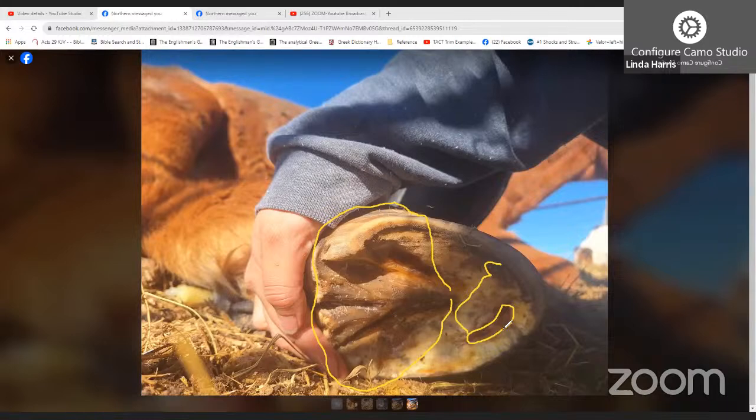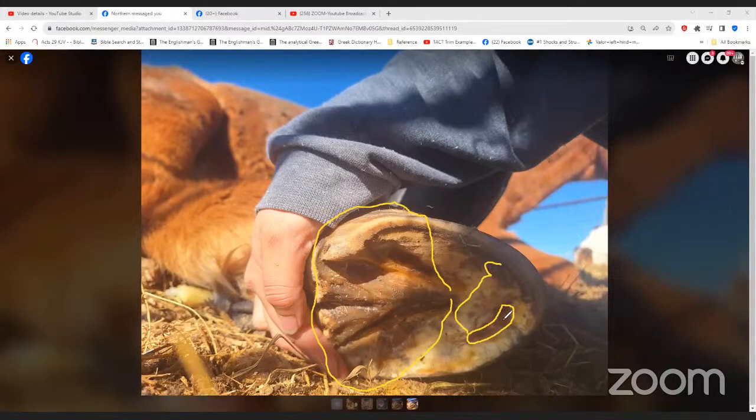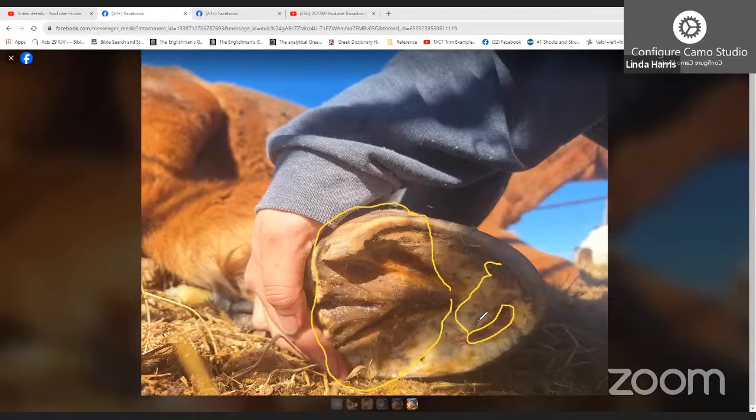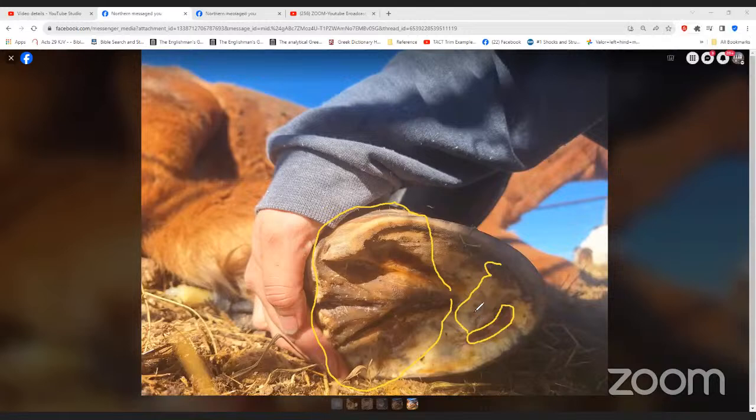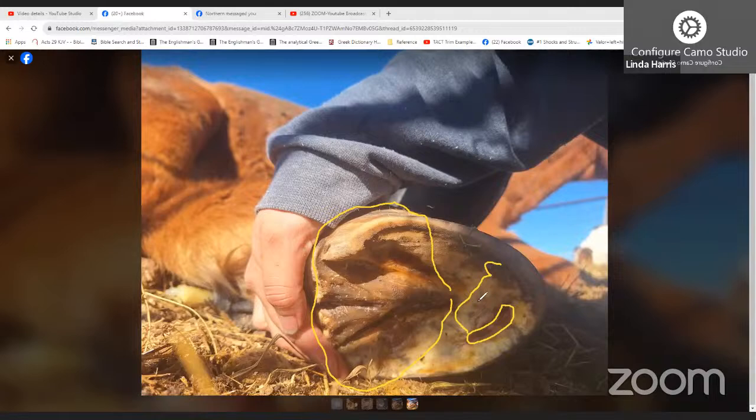When you have an abscess, his sole is so hard that I can't get that far back yet. And you know what that means? It probably just means it's dead retained sole, and you have other sole growing underneath. That could be a very good possibility.